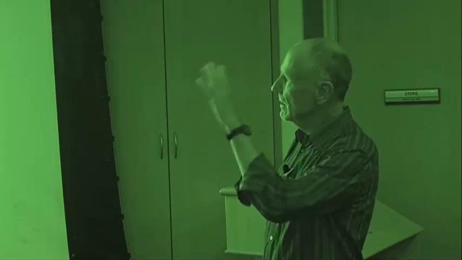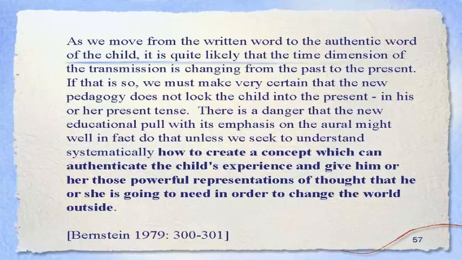And another haunting quote from Bernstein, commenting on the hegemony really of progressive education in Australia by the time we began in the early 80s. As we move from the written word to the authentic word of the child, it's quite likely that the time dimension of the transmission is changing from the past to the present. If that is so, we must make very certain that the new pedagogy does not lock the child into the present, in his or her present tense.